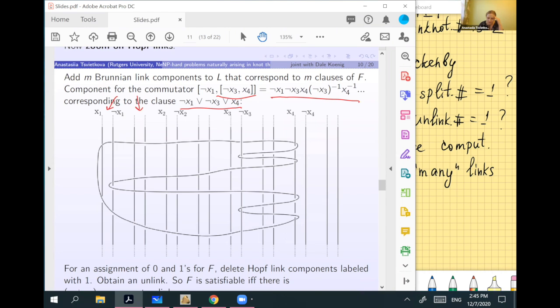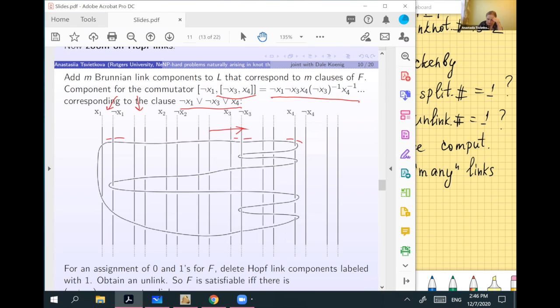If I have not x1 there, then I go under the not x1 strand. And then if I have not x3 there, I go under the not x3 strand. And I go above everything else. If I have x4 there, I go under the x4 strand.